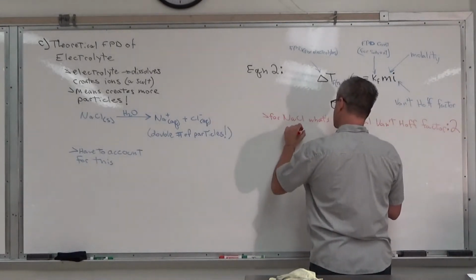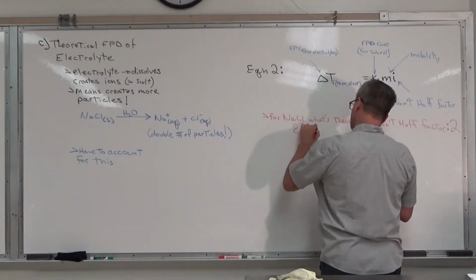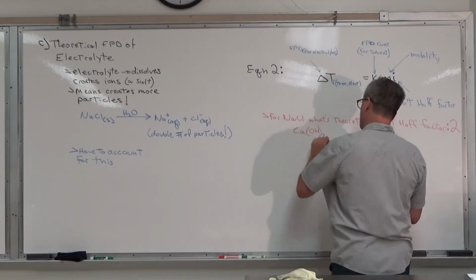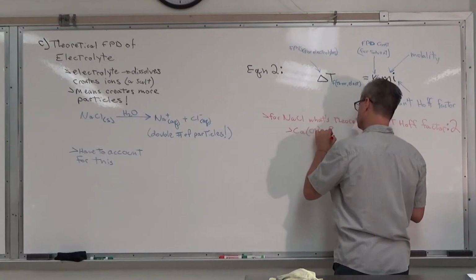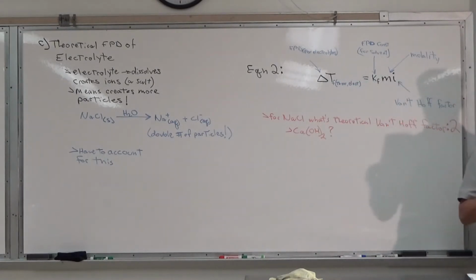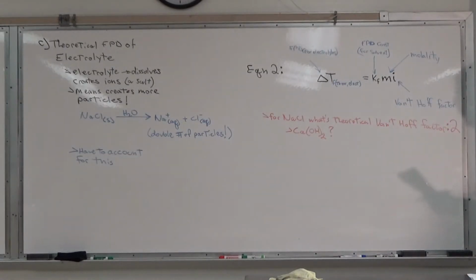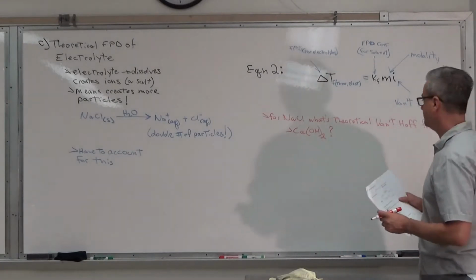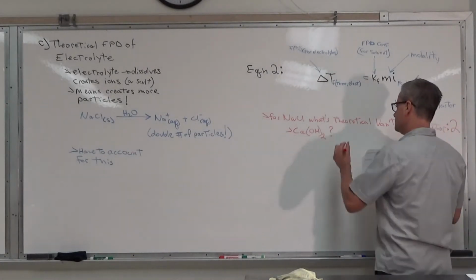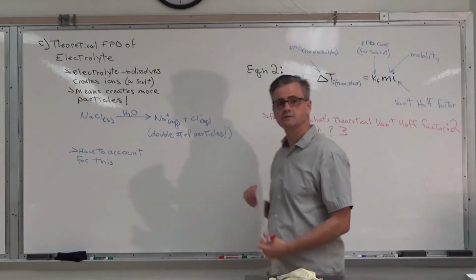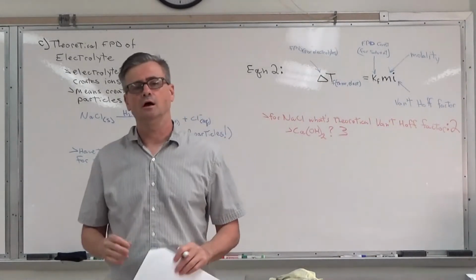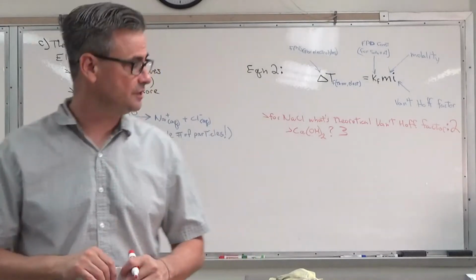How about, guys, calcium hydroxide? Okay, what's the theoretical van 't Hoff factor for calcium hydroxide? That is 3. You get calcium and you get 2 hydroxides. 3 particles for every unit of calcium hydroxide.